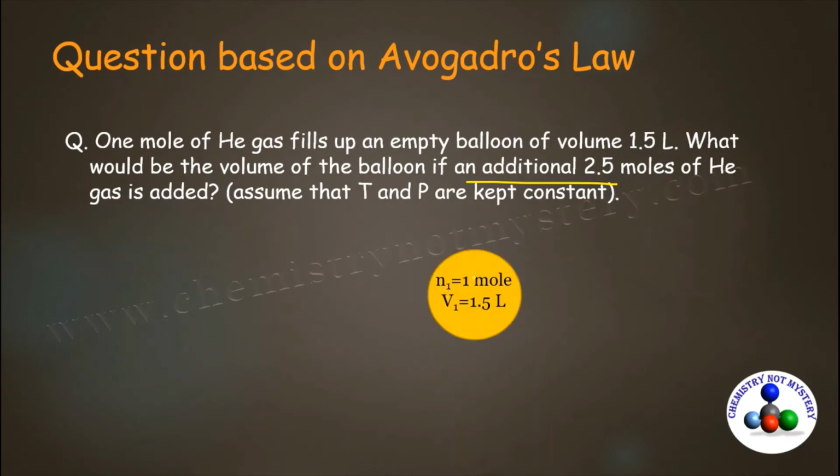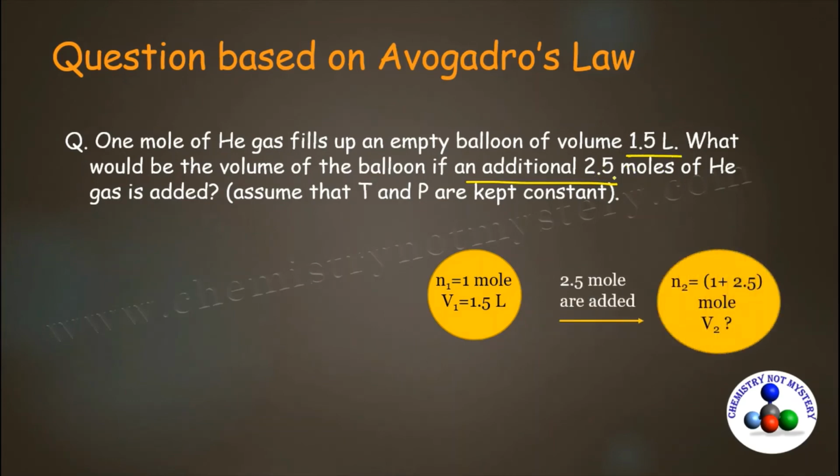So this is the balloon that is initially filled with 1 mole of helium gas and its volume is given as 1.5 liter. Now they have added an additional 2.5 moles to the same balloon. That means number of moles n2 will be equal to 1 plus 2.5 moles. And here we have to calculate the volume of the second balloon.